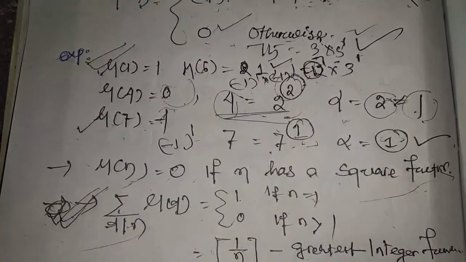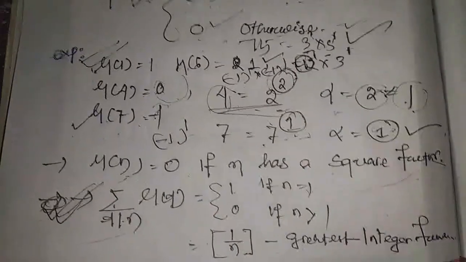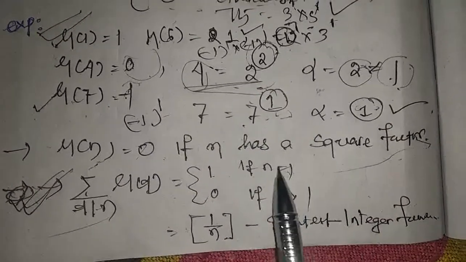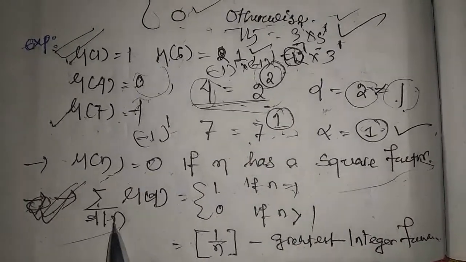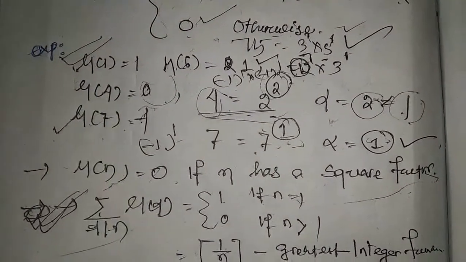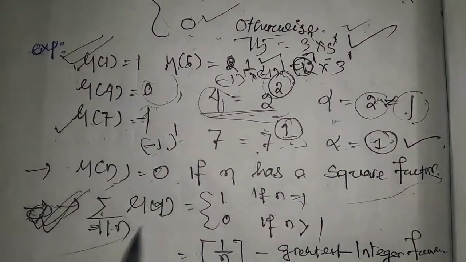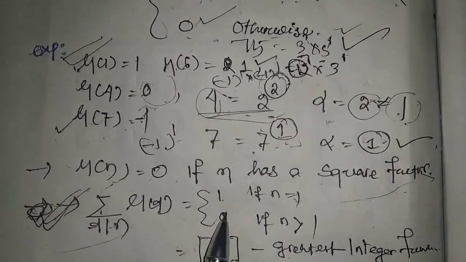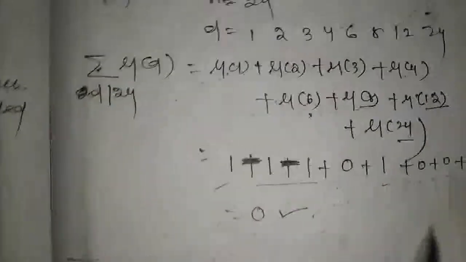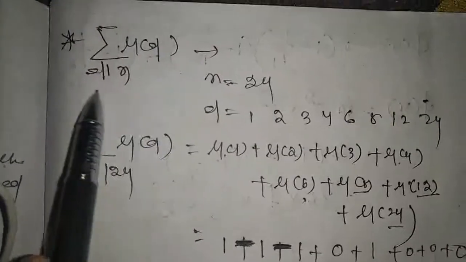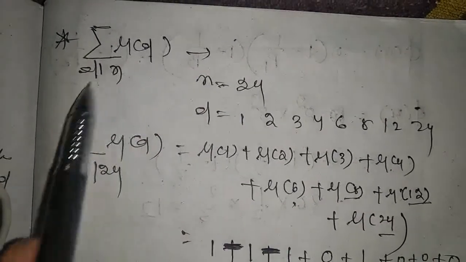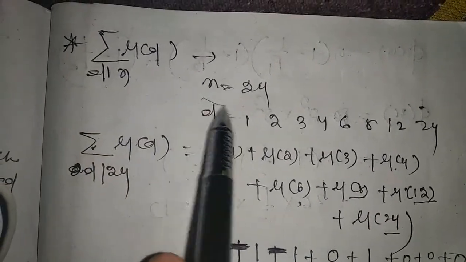If we take an example, for n equal to 1, the summation only gives mu 1, so this will be 1, and otherwise 0. Otherwise, how is this 0? We can consider an example of the summation of mu d over d dividing n, for n equal to 24.